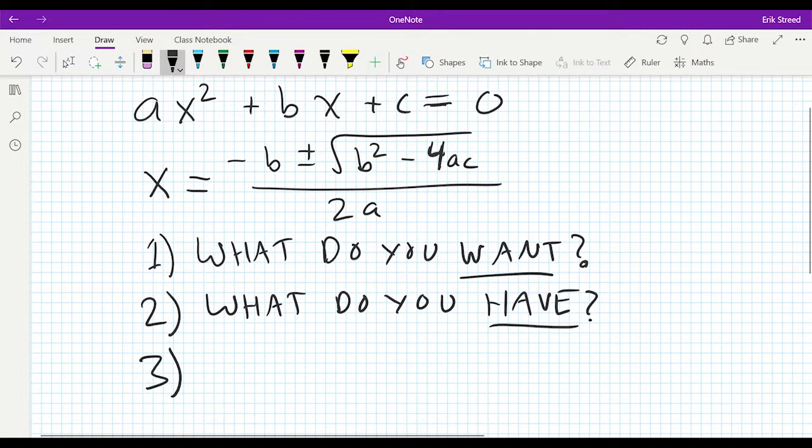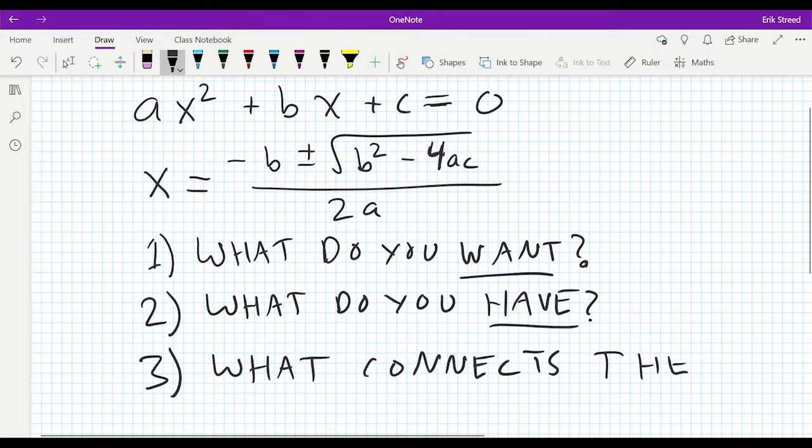And then finally, what connects what you have with what you want? So what connects them? 3 easy steps for problem solving, and we're going to illustrate how that works today.